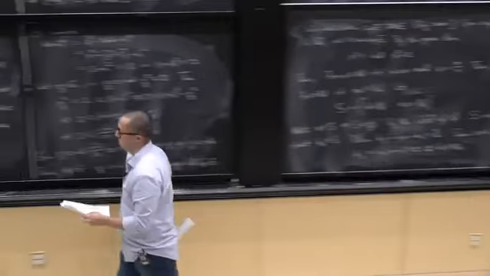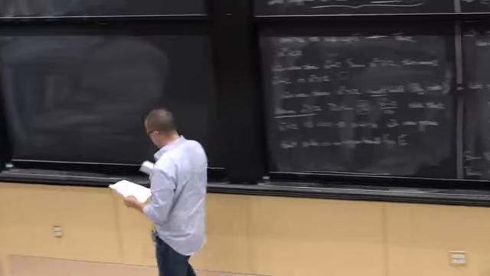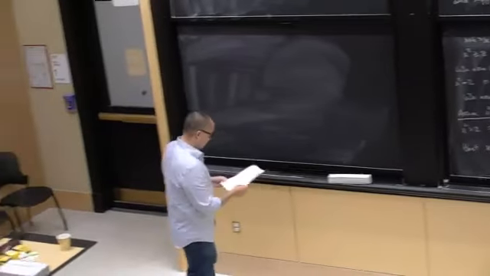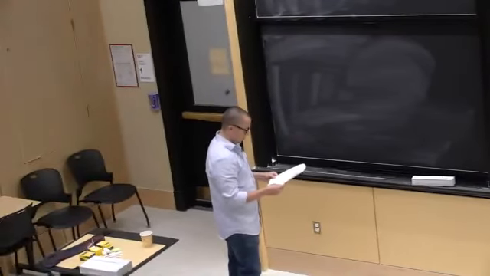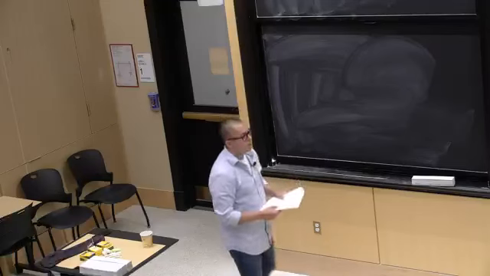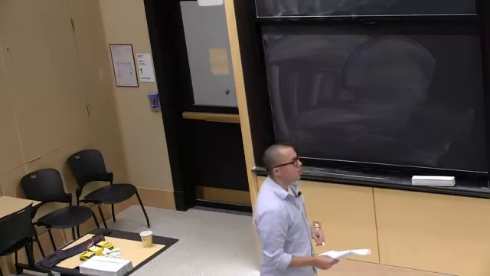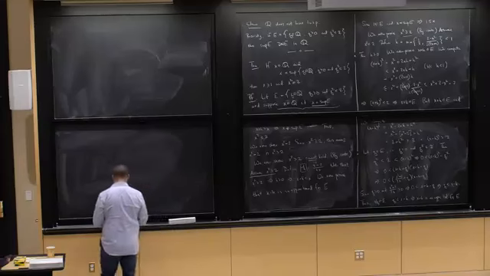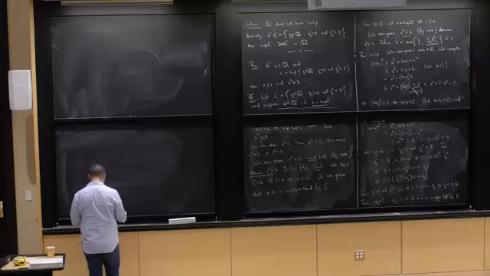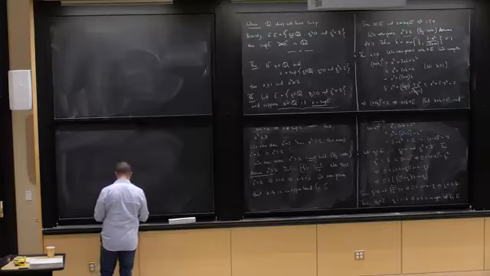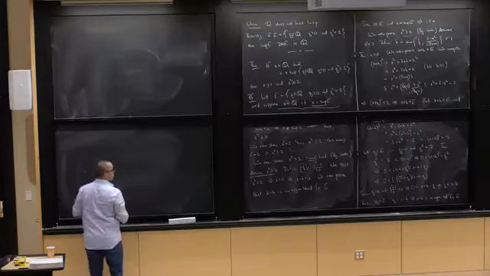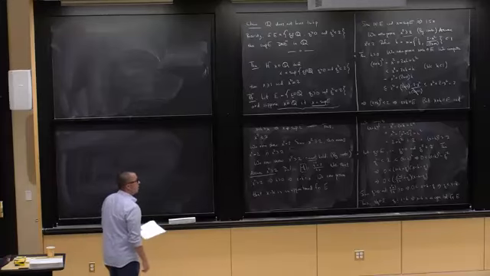Okay. So far we have that K1 is a natural number. And I'm going to prove that K1 is actually less than K0.